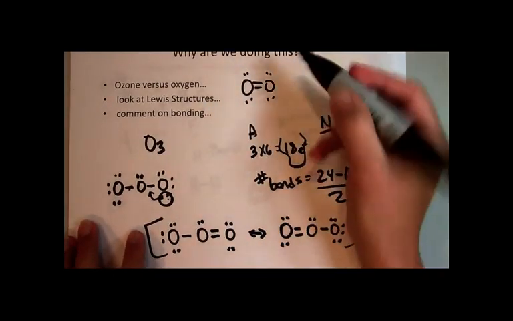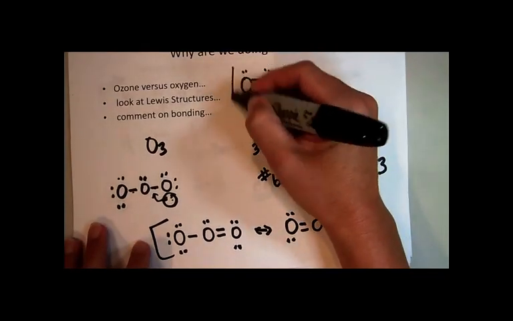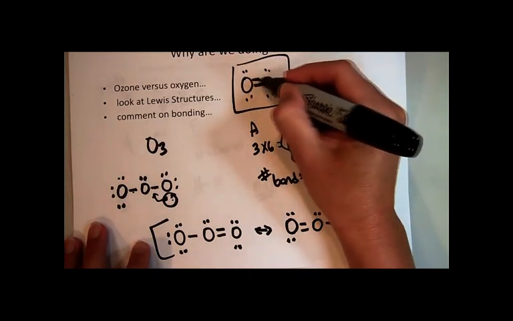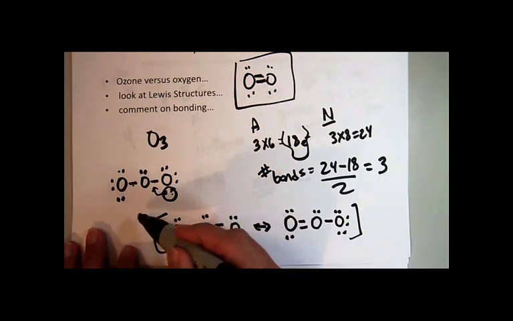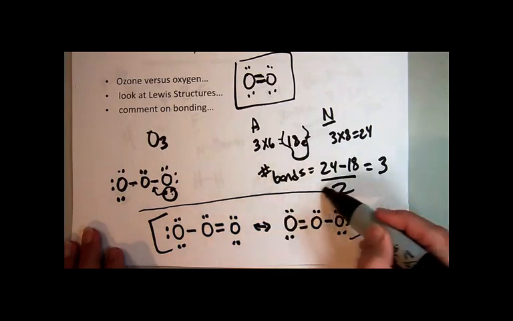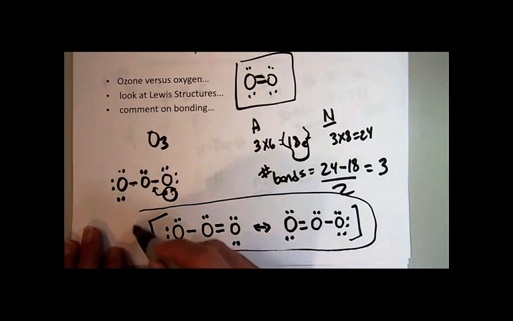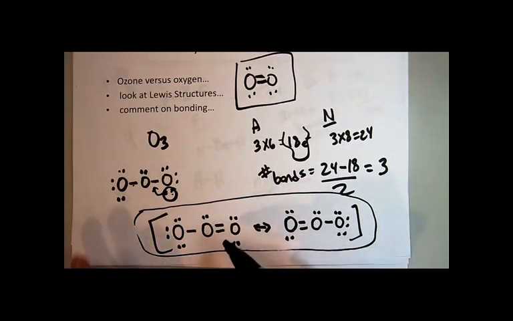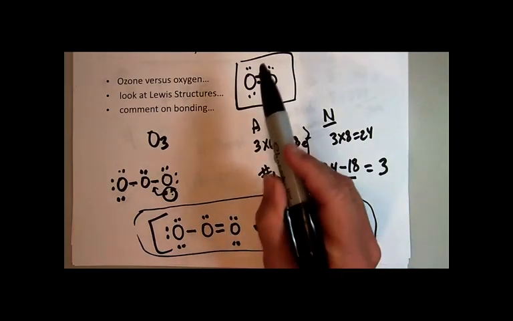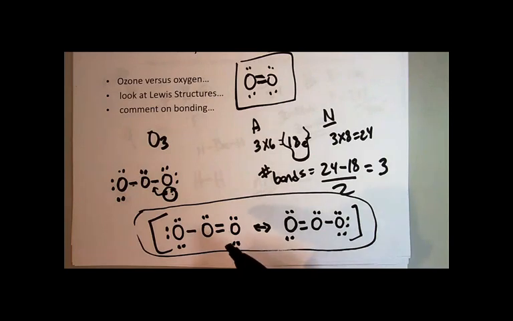In oxygen, we have a double bond, it's a strong bond. In ozone, we have a resonance situation. We don't have a double bond, we don't have a single bond, we have something in between the extremes. So the bond strength of ozone is less than oxygen, but not as low as a single bond.